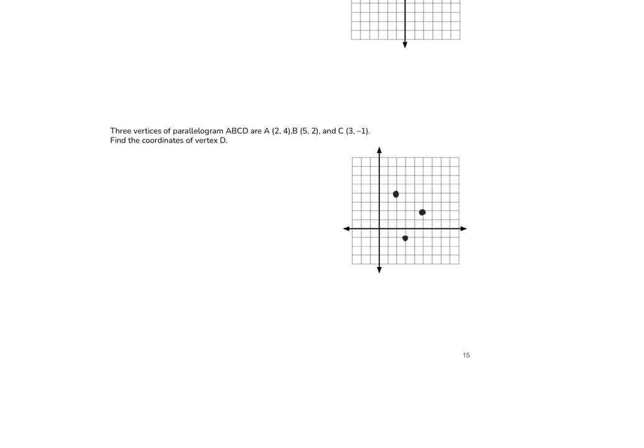If I get rid of that point right there, then what I could also do is, for instance, this one here, I could go up 1, 2, 3, and over 2, and then I could go up to this point and go up 3 and over 2. And this would also make a parallelogram.